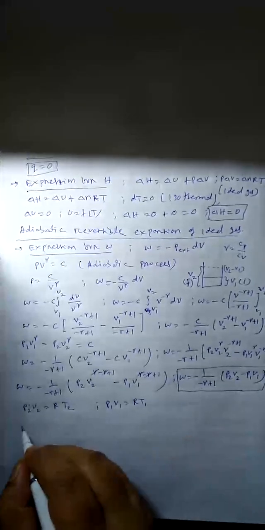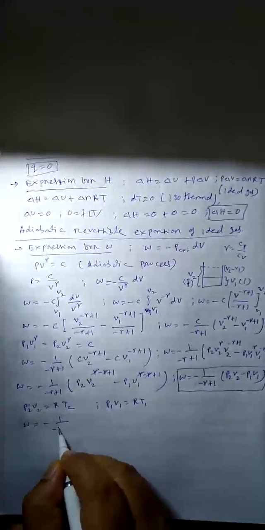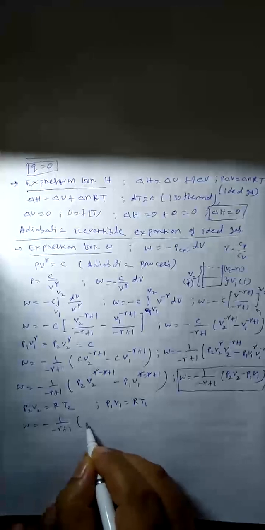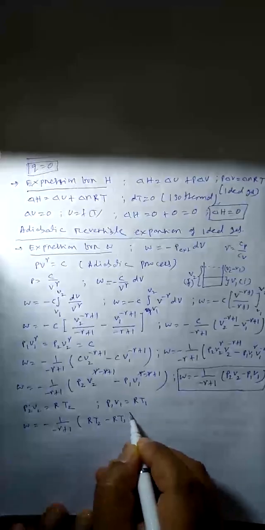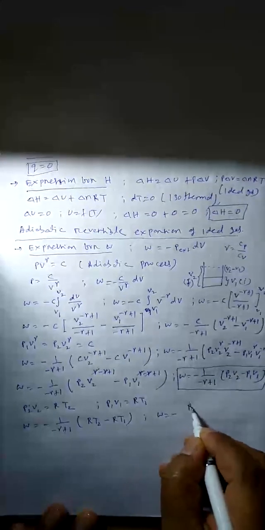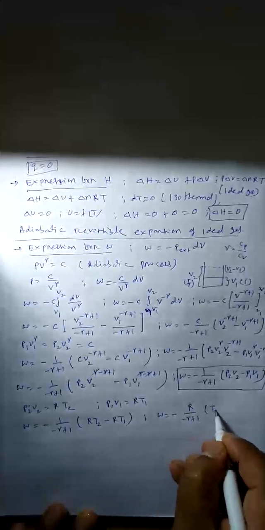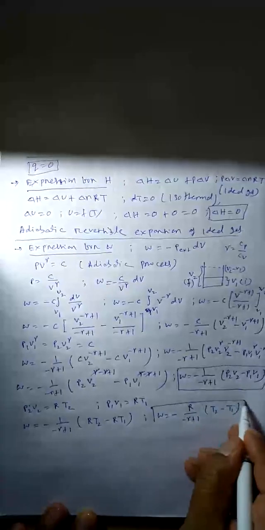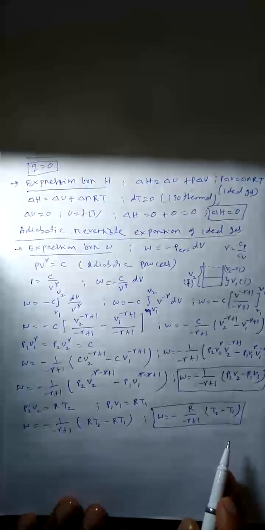Substituting this value we can get another equation: minus 1 by minus gamma plus 1 is equal to RT2 minus RT1. Take R common. Now W is equal to minus R by minus gamma plus 1 of T2 minus T1. This is another work done formula, R by minus gamma plus 1 times T2 minus T1.